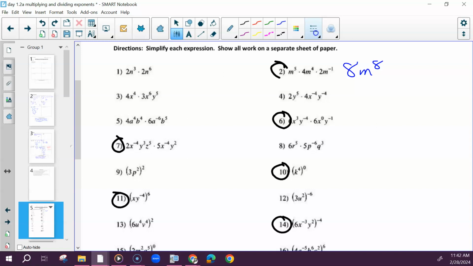Okay. 6. We can multiply the two numbers, combine your exponents by adding, so 3 plus 0 is 3, negative 4 minus negative 1 is negative 5, and then we have to switch the negative 5, we can't have negative exponents in our final answer.